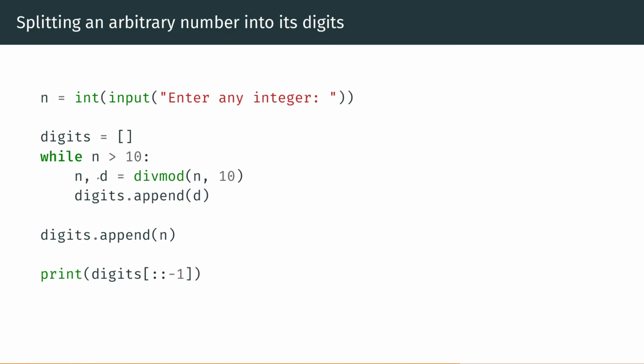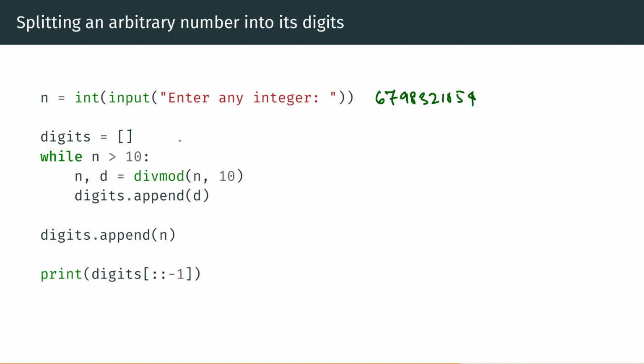So by the time you're done, if the number was the big number, again, 6798321054, something like that, the list would contain the digits starting from the rightmost one.